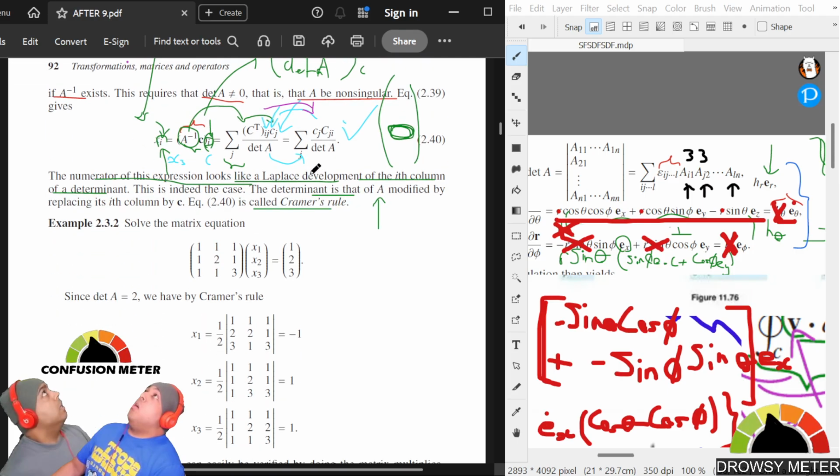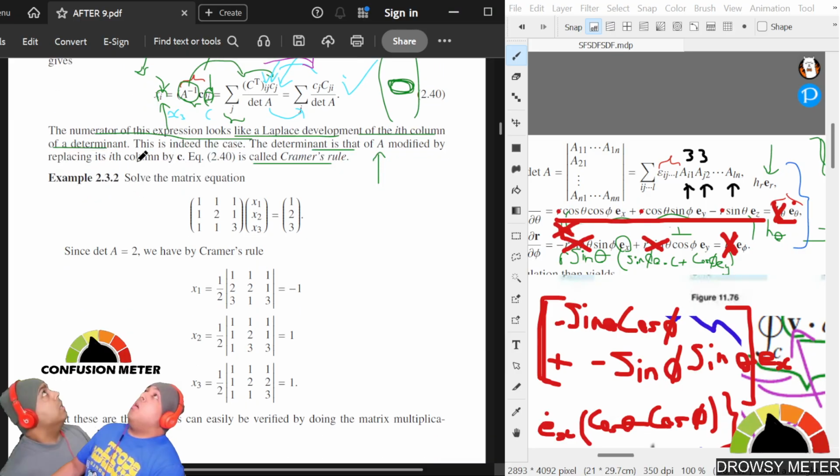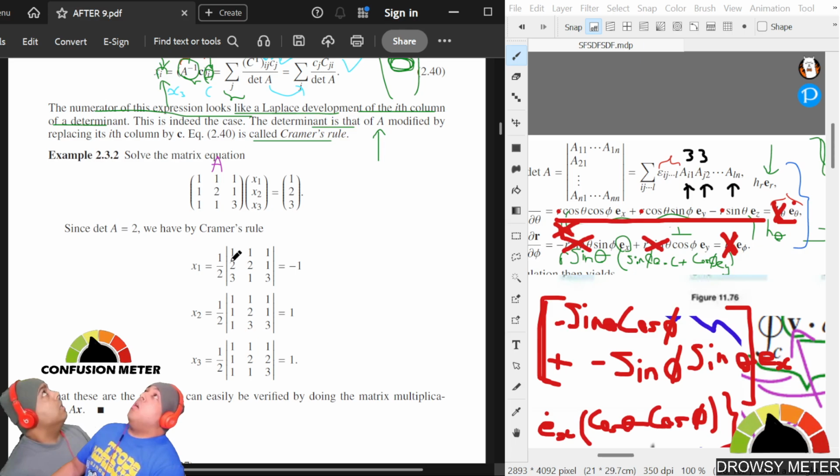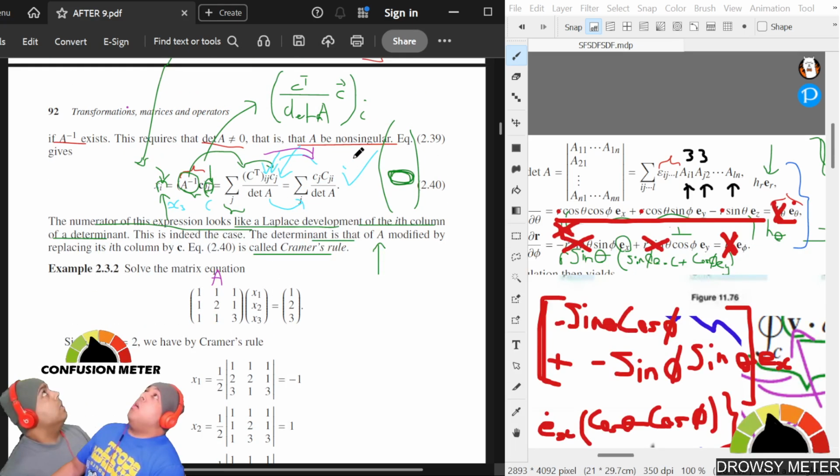We will work with this. Solve the matrix equation. Since the determinant of A is 2, I guess we're calling this A, we have Cramer's rule. This is called Cramer's rule.